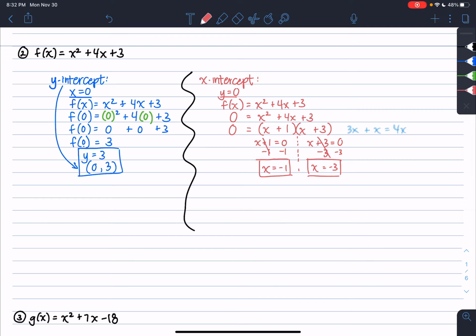Well, we got two x-intercepts. They occur at x equals -1 and x equals -3, meaning that they have the coordinates of -1, 0, and -3, 0.